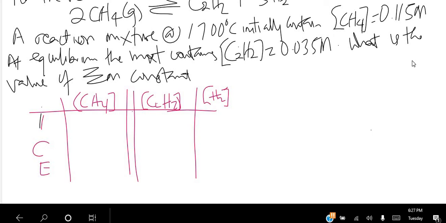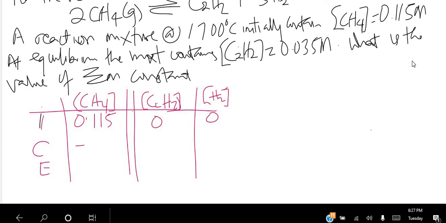Right. So we have the initial concentration of CH4 to be 0.115, and of course our products are 0 initially, and we have our change to be negative x.